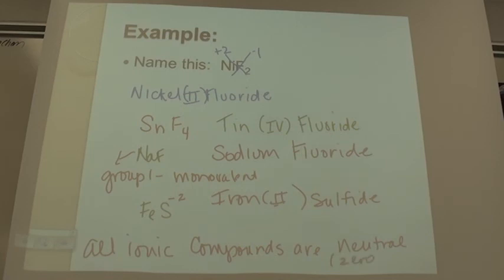The way to look at this is that the -2 from the sulfur has to be balanced by a positive charge in order to get 0. What must the positive charge be? +2.